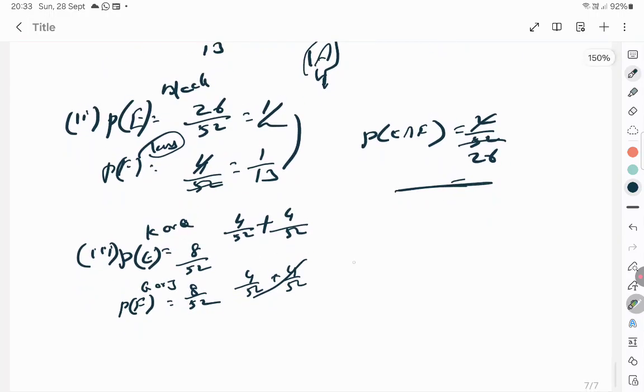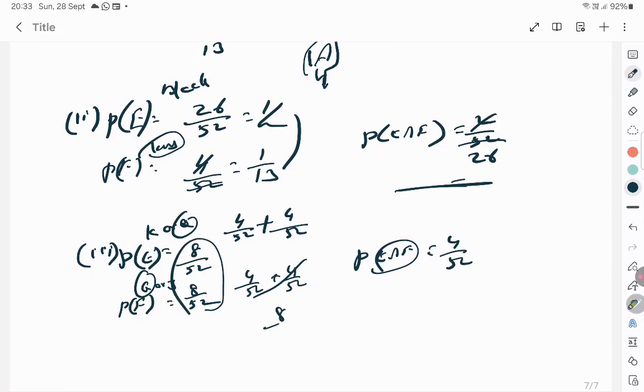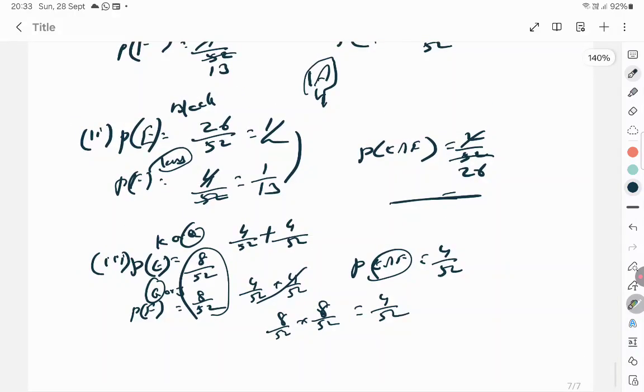So then, what is P of E intersection F? Can you see that there is a queen intersecting in both, and how many queens are intersecting in both? There are actually 4 queens. So it's 4 out of 52 that is intersecting. Just multiply 8 by 52 into 8 by 52 and check whether it's equal to 4 by 52. If you cancel it and solve it, they are definitely not independent.